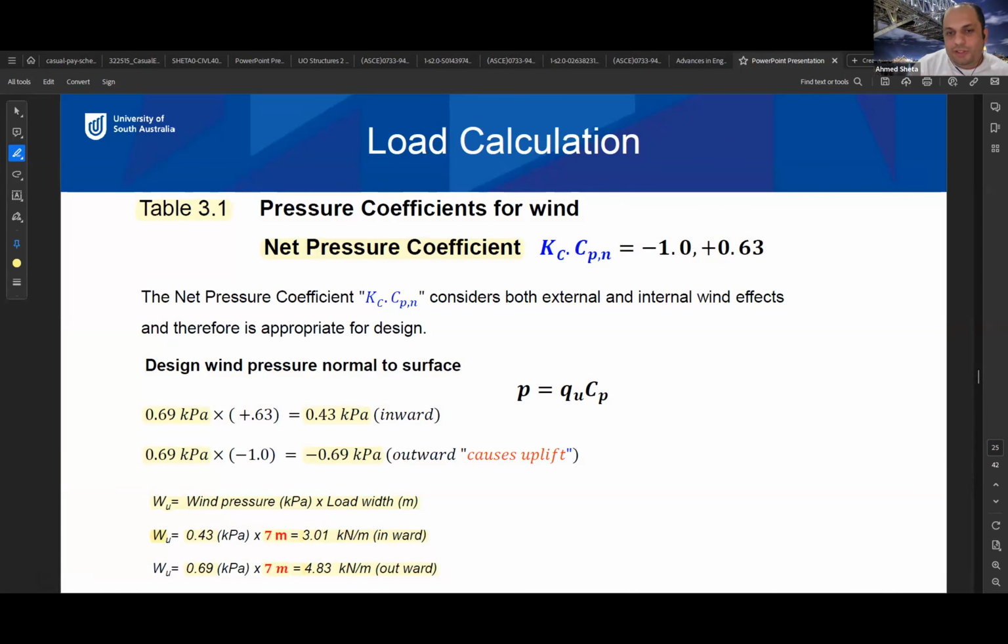What do you think is the common mistake in this calculation for wind load? The negatives and positives, maybe? Yeah, also the load width. So I'll share my whiteboard screen again, sorry.